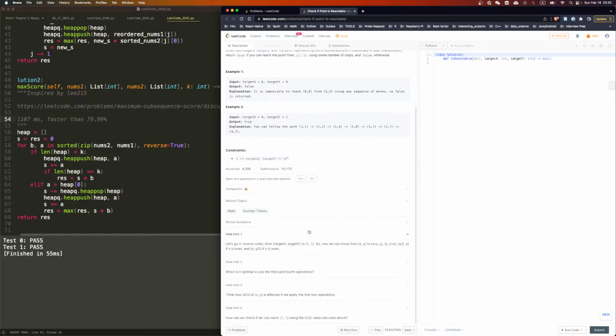Let's say the GCD is 3, which is the case of this. So no matter how you do this, x plus y or y plus x, no matter how many times you do, 3 is always a factor in the current x and y.